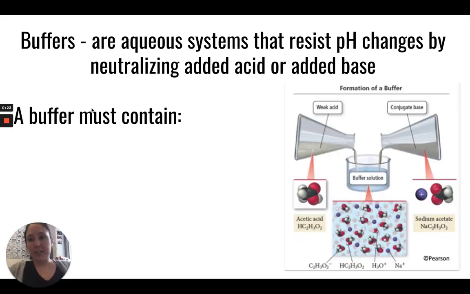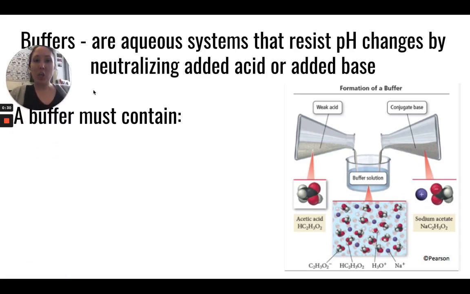So the first thing is the definition of a buffer. A buffer is an aqueous system that resists changes in pH. It can do this by neutralizing an added acid or an added base. To do this, a buffer must contain two parts.